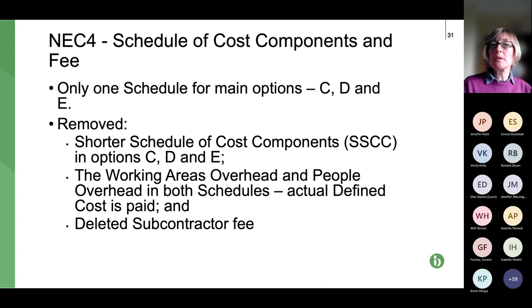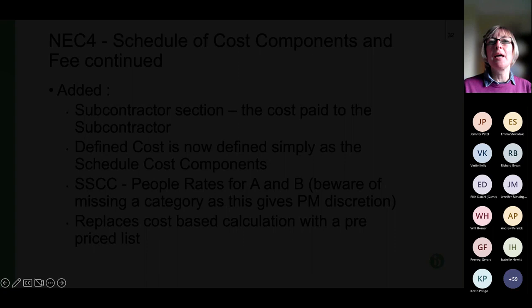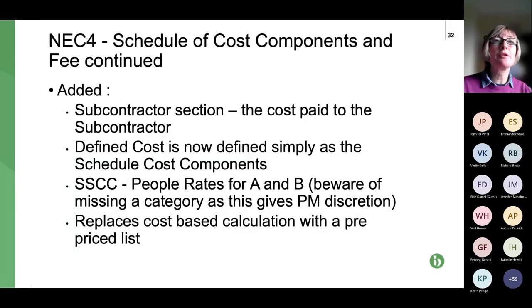Also, what's been removed is the subcontractor fee, and that's because of the added bit. If we can have the next slide, Jen, please. As I've already mentioned, a subcontractor section has been added, a whole new section into both the schedule and the shorter schedule. It's really nice and clear, and I think that's a really good change.